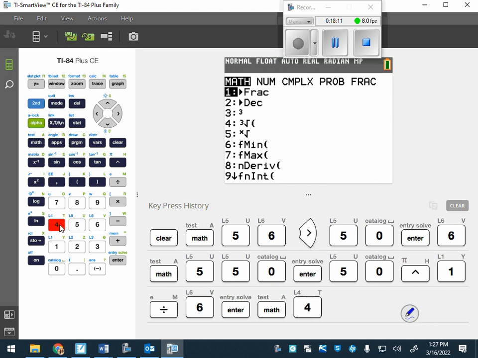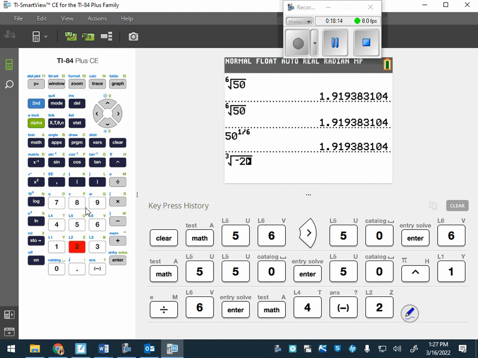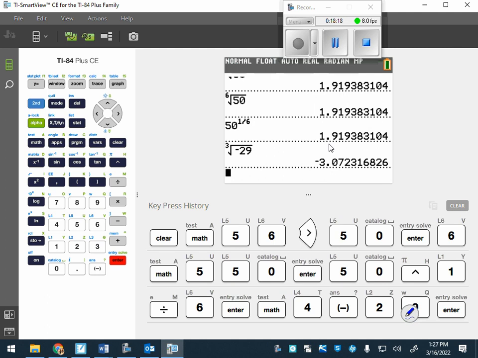Number 4 is the cube root, negative 29, and you do get a negative answer. So, if you take an odd root of a negative number, you will get a negative answer. You cannot take an even root of a negative number because you'll get imaginary. So, odd root, negative answer, of a negative number.